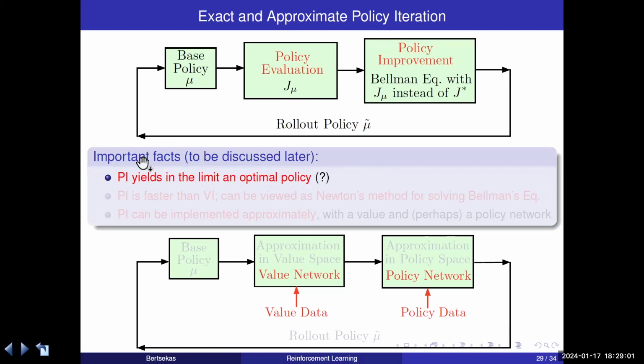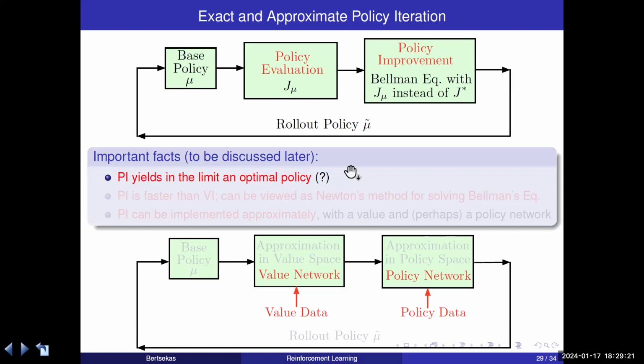Some of the important facts are: you expect that policy iteration will give you in the limit an optimal policy. This is true for easy problems. For more difficult problems, there may be some question marks about it. It's an important question to ask here.